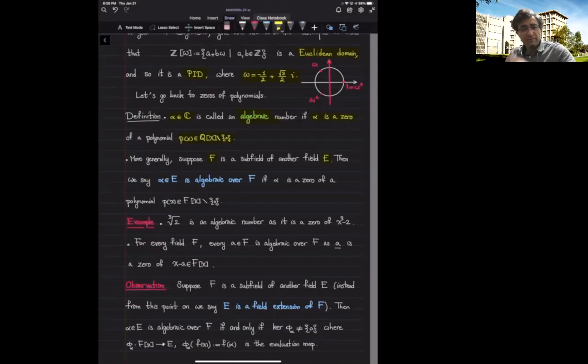In this case, we often say that E is a field extension of F.